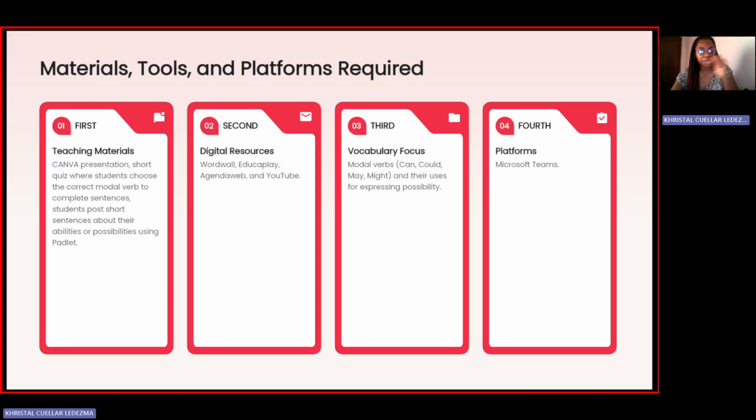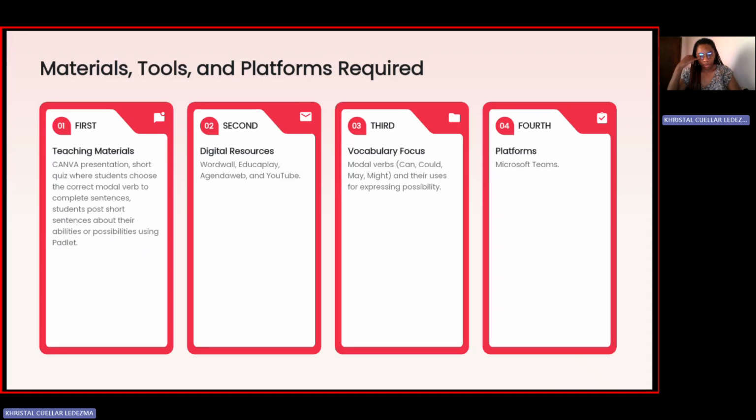In this presentation, a short quiz where students choose the correct modal verb to complete sentences. Students post short sentences about their abilities and possibilities using Padlet. The digital resources will be WordWall, EducaPlay, Agenda Web, and YouTube.